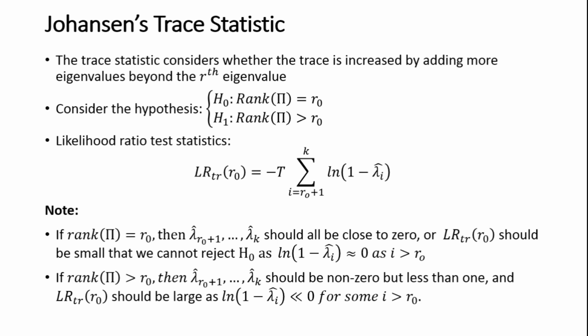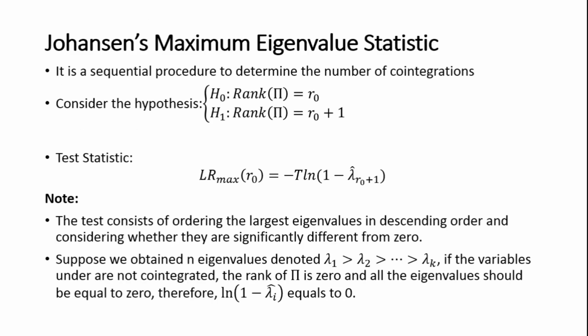If the rank of the matrix is greater than r0, then the eigenvalues should be non-zero but less than 1, and the likelihood ratio statistic should be larger. Next, the Johansen maximum eigenvalue statistic is a sequential procedure to determine the number of cointegration relations.